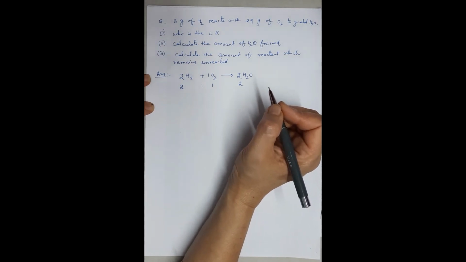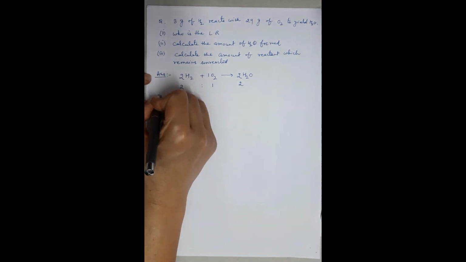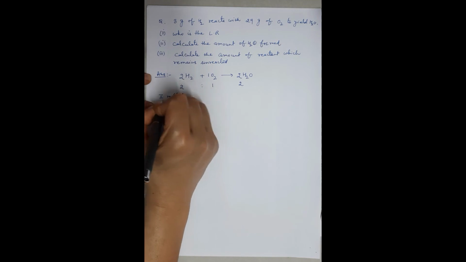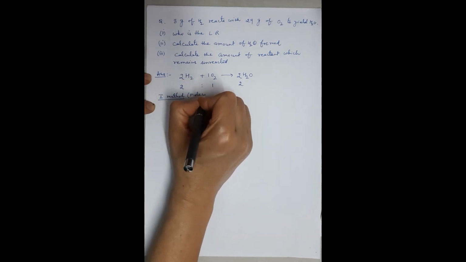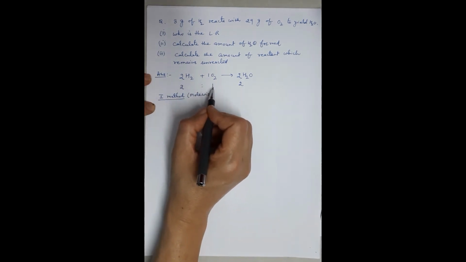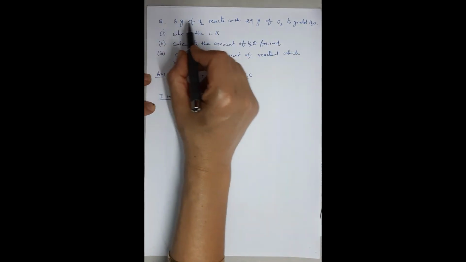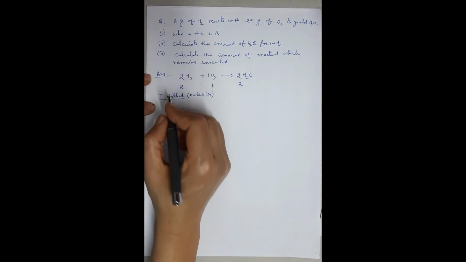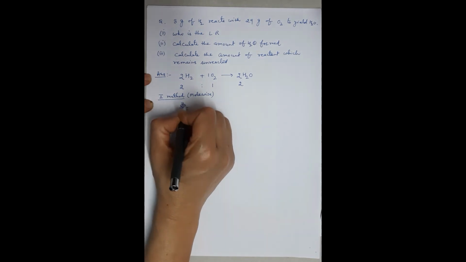Beta, there are two methods of doing this numerical. First method is the mole method, you can say, mole wise. They are reacting in the ratio of 2:1 and the given amount is not in moles, it is in terms of grams. So shall I convert the given amount also into number of moles?